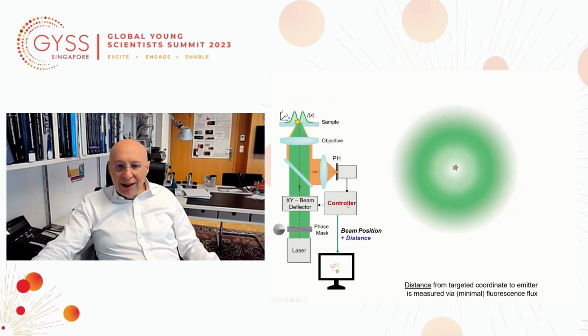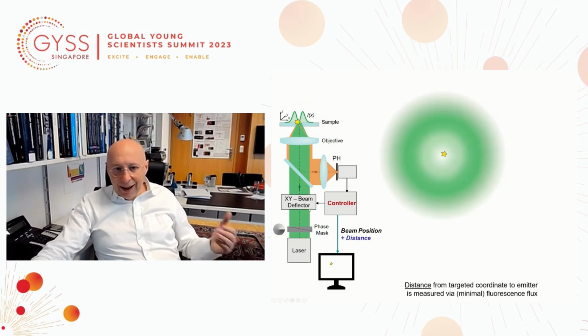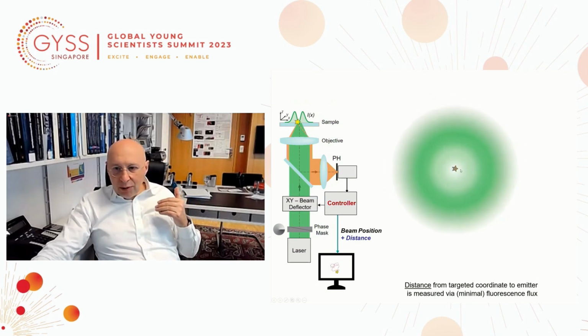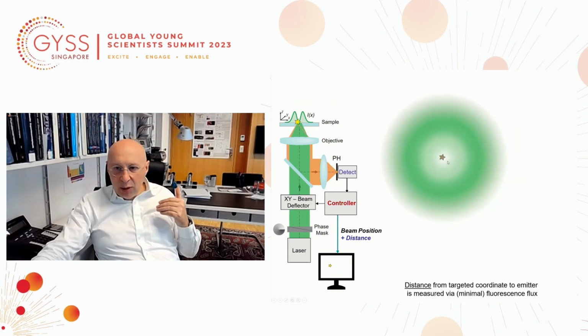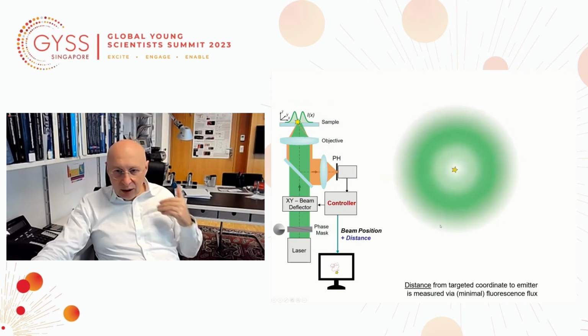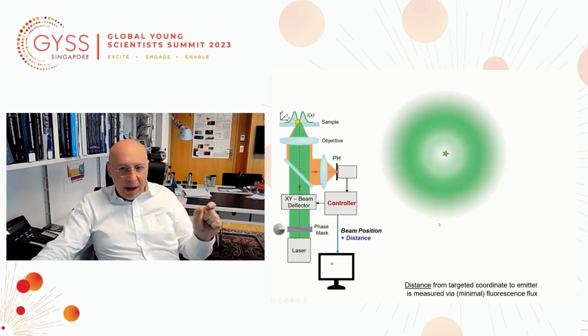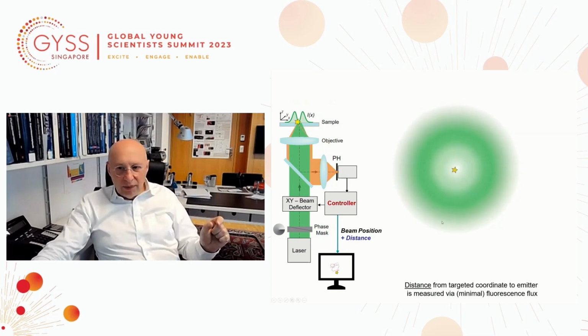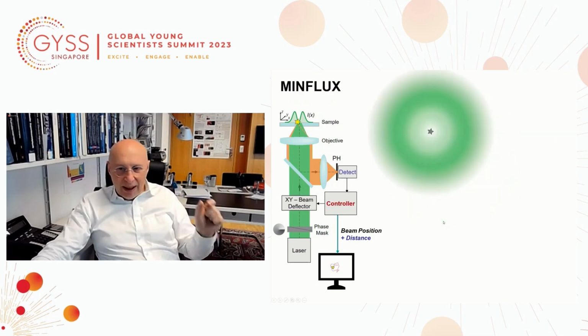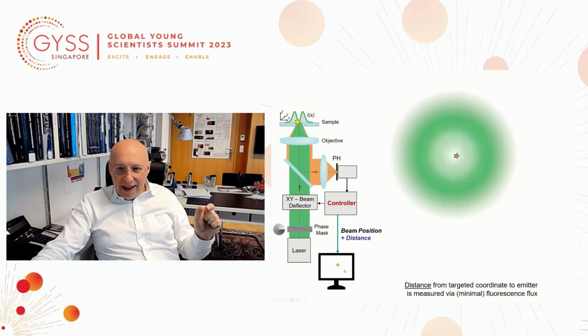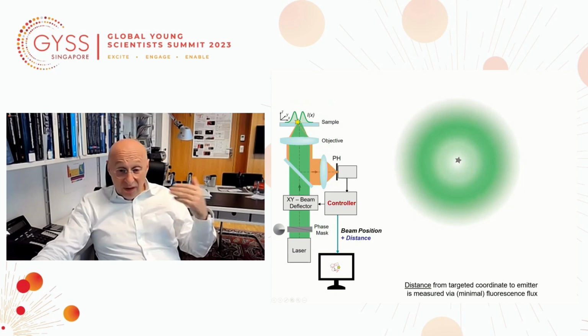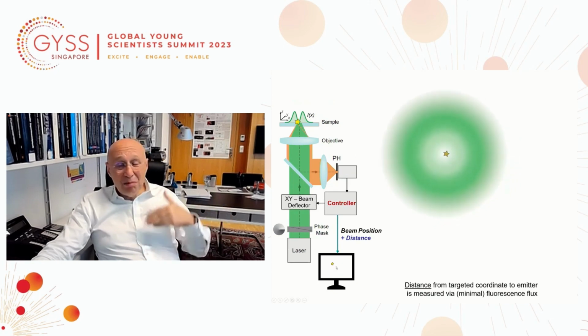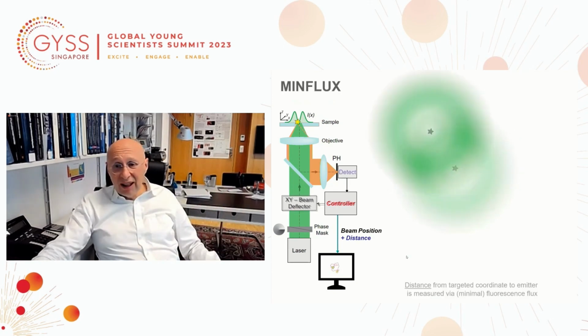What the controller does, the software does, is try to minimize the distance between the molecule and the donut zero. And the better that match is, the fewer photons you need, and the better the precision will be. And then, of course, you can trace the position of the molecule with very high precision, yet you need much fewer photons than you would need, say, in a normal localization modality.